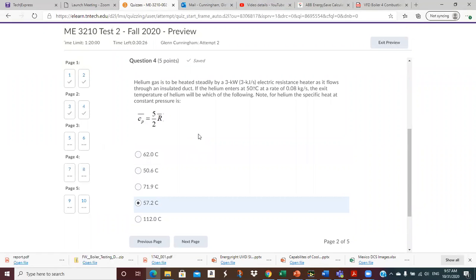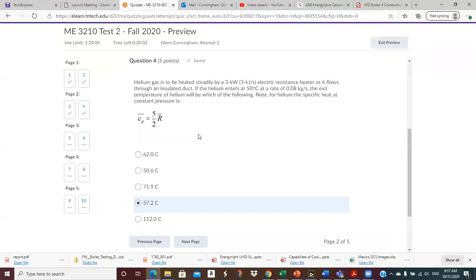Question 4. Helium gas is to be heated steadily with a 3 kW, and a kW is a kilojoule per second, mind you, electric resistance heater as the helium flows through an insulated duct. The helium enters at 50 C at a rate of 0.08 kilograms a second.